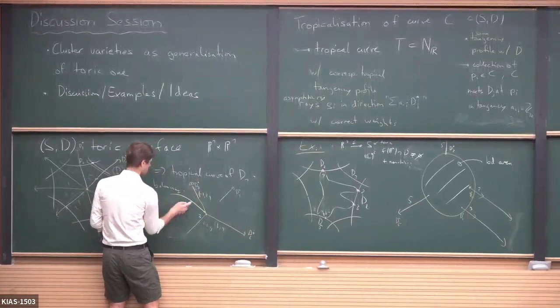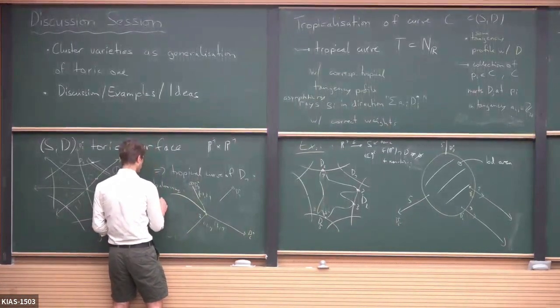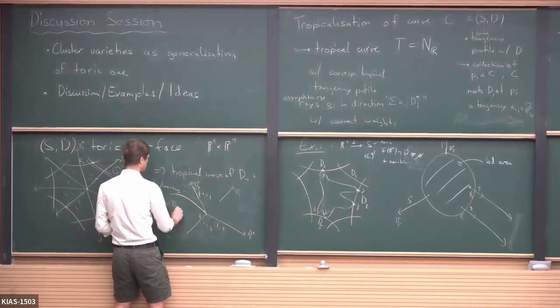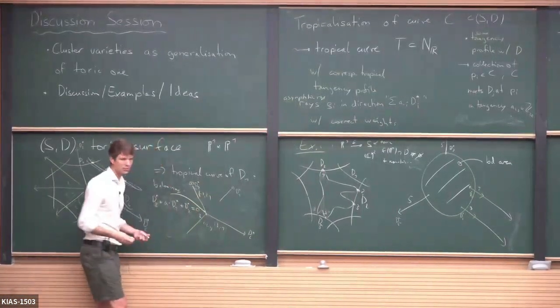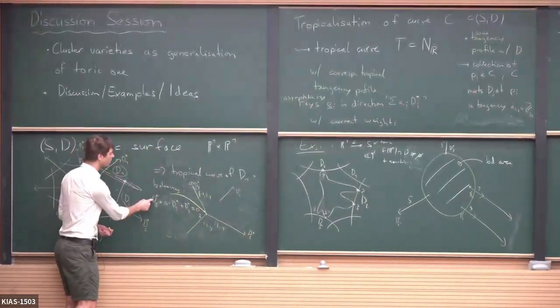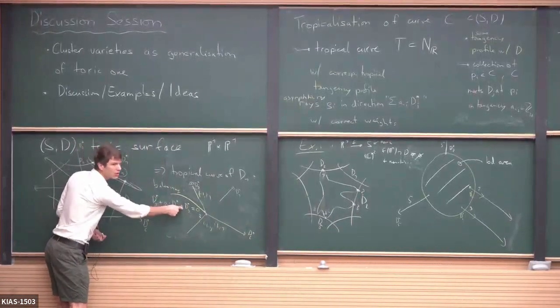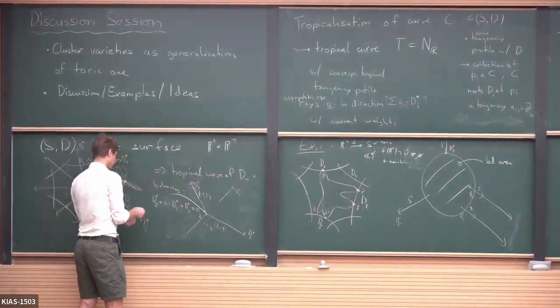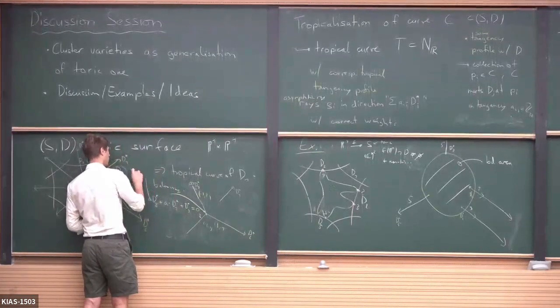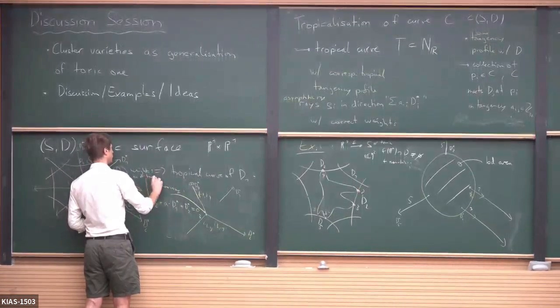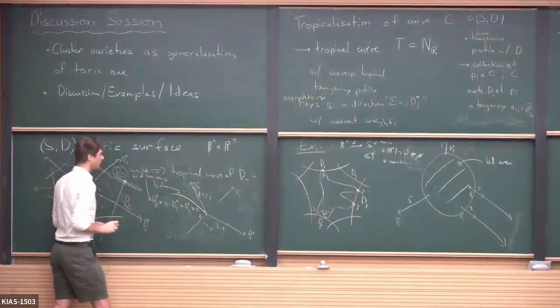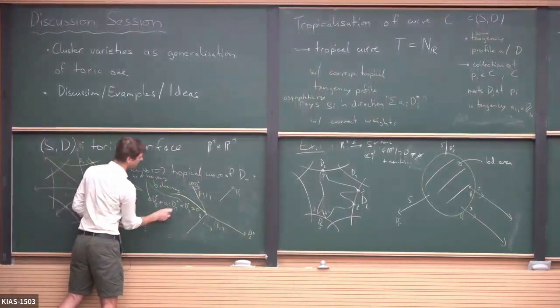So we have DL star plus A times D1 star plus D2 star is equal to 0. That's the balancing. I could put some weights in front of them, but I know what the weights are because they're the tangency, right? So this is weight 1, and because of tangency, same here.